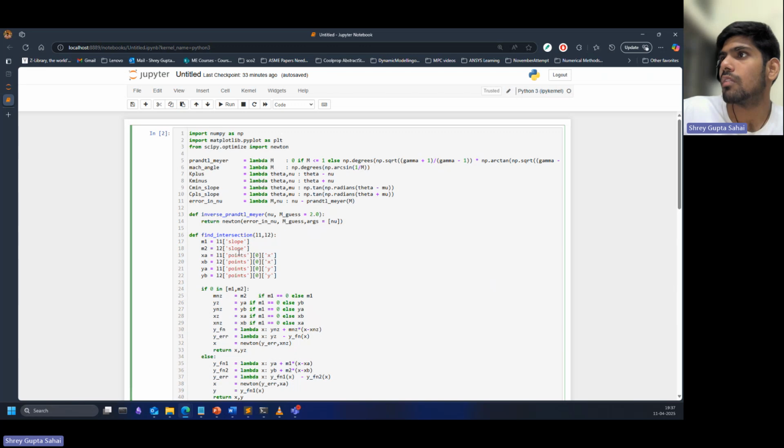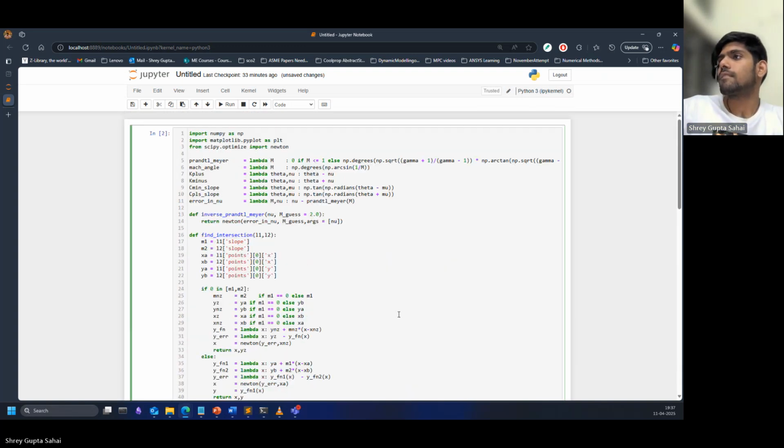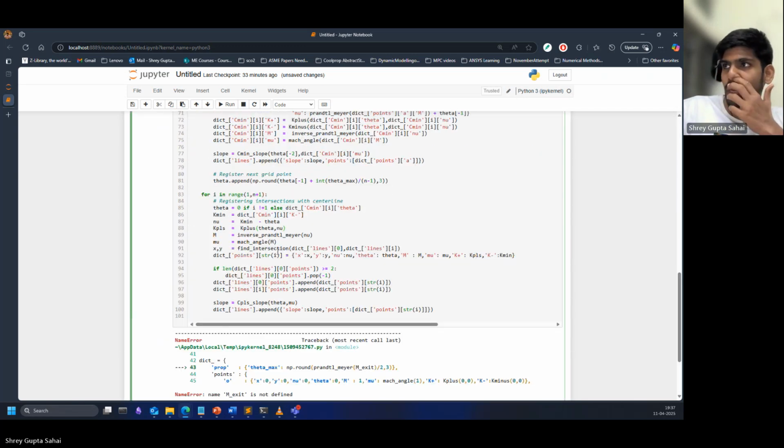What we could have done is use this rather than using this. Then we find the Mach number using the helping functions, we find the mu value, and then we find out the point of intersection between two lines.